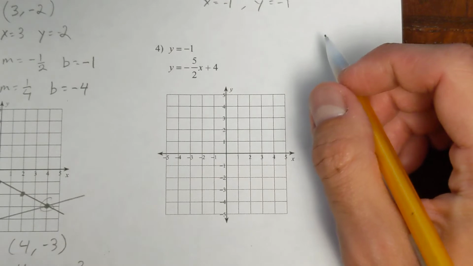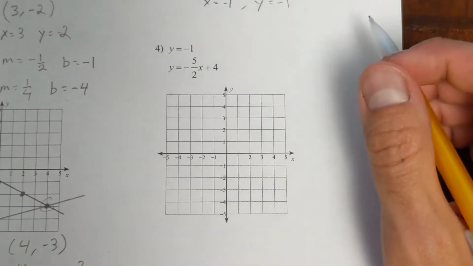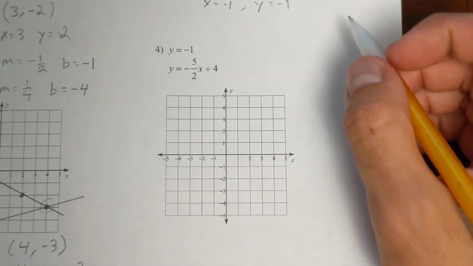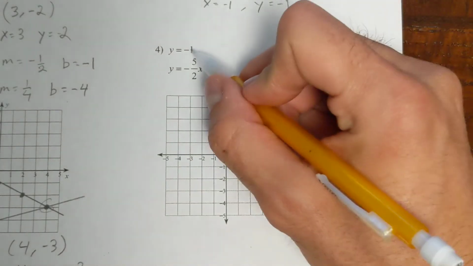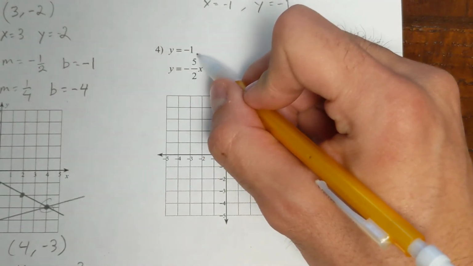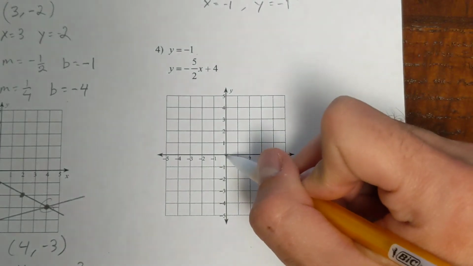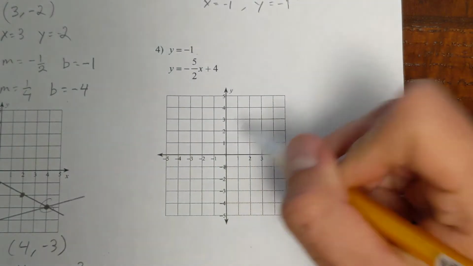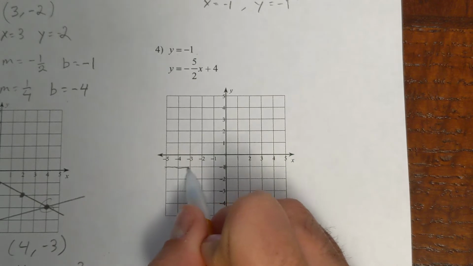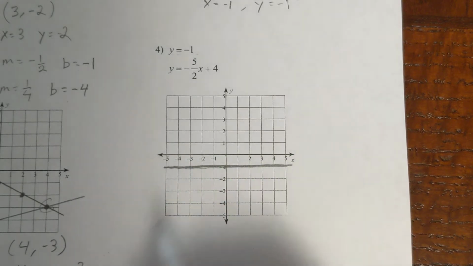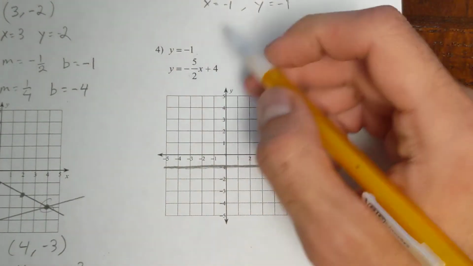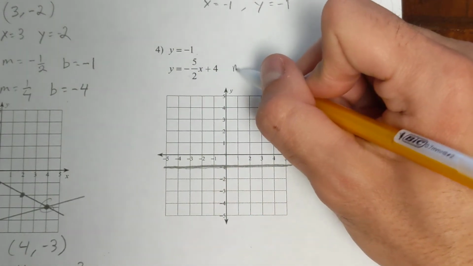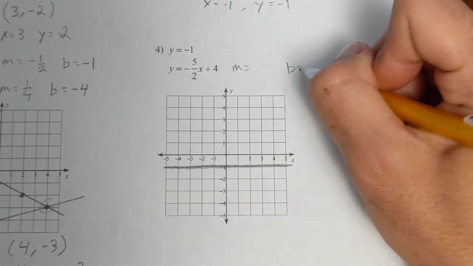If we go back to around Thanksgiving time when we were just graphing equations, if we get y is equal to negative 1, that just means y is at negative 1 all the time. So this would be y is equal to negative 1. And make that. Now this line here, we're going to graph it, so let's figure out our slope and our b value.